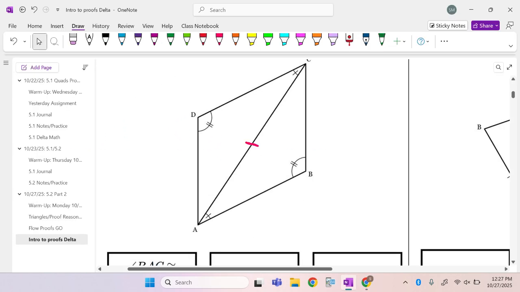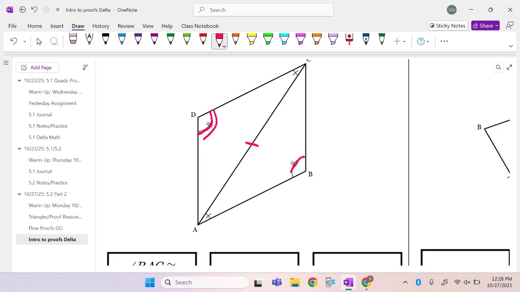Now, if I come back and look at this, so I got these two angles are congruent, and these two angles are congruent, and this side's congruent. I can now say that the two triangles are congruent by what postulate? Okay, so first off, how many angles are proven congruent between each triangle? 2.